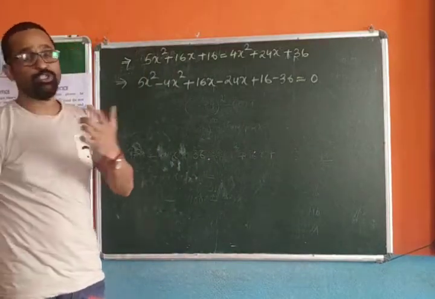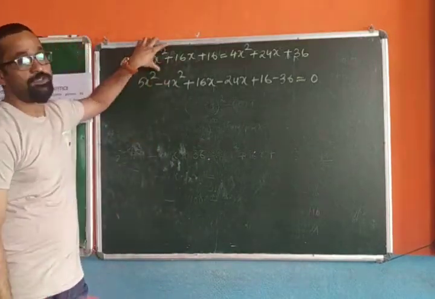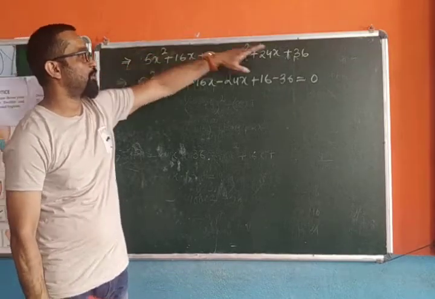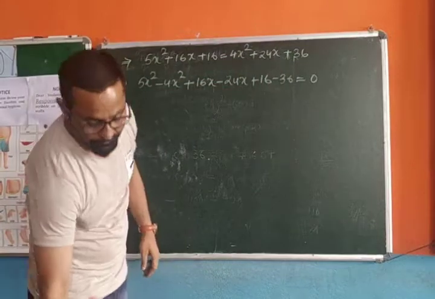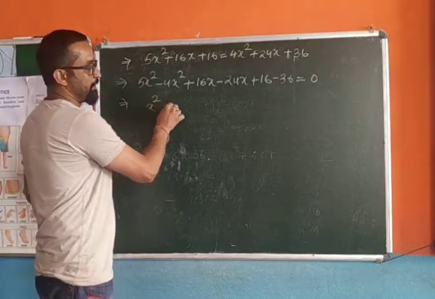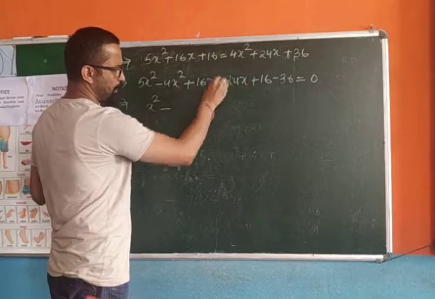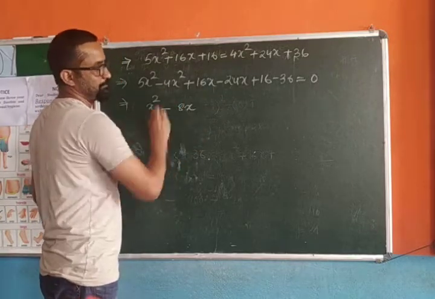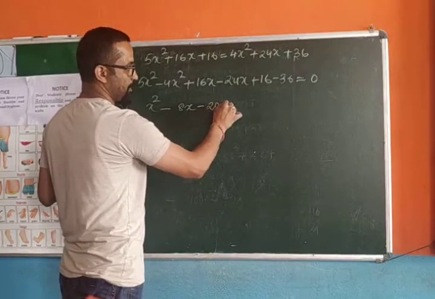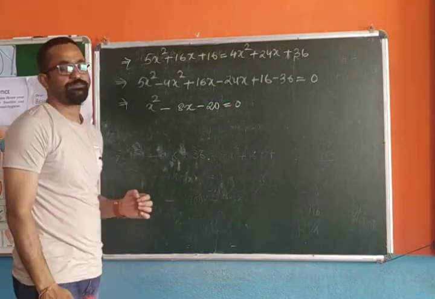And you have to arrange according to the power. Square, keep it together. X, keep it together. Constant, keep it together. Subtract. It is x squared minus 8x minus 20 equal to 0.